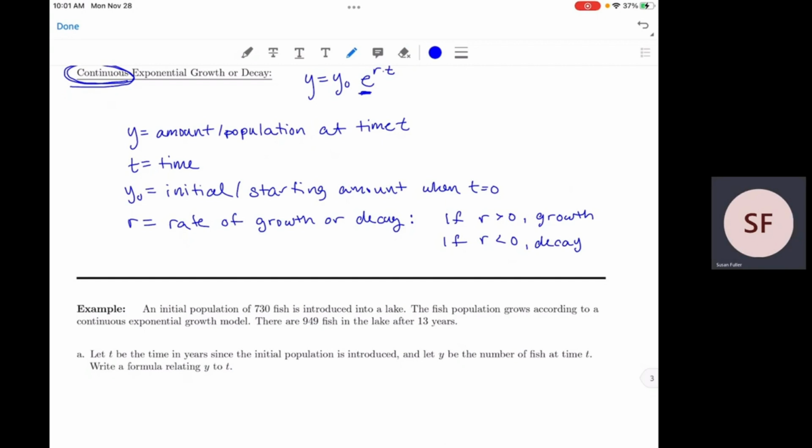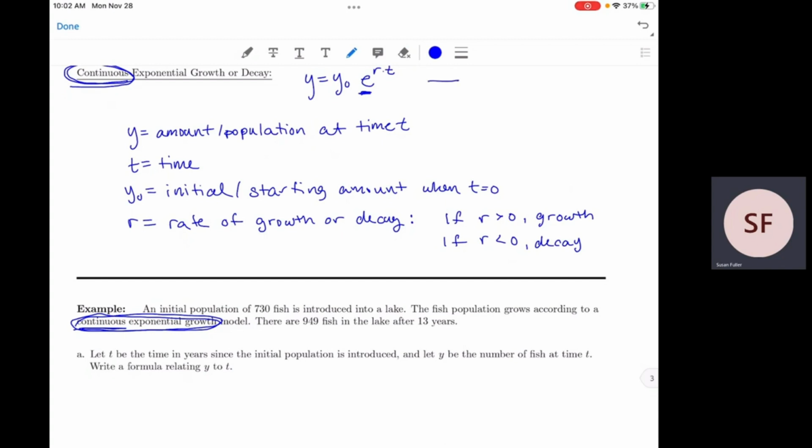Let t be the time in years since the initial population was introduced, and let y be the number of fish at time t. Write a formula relating y to t. So we need to come up with a formula for this. Because it says continuous exponential growth, this word continuous means that the base of our exponential is going to be e.